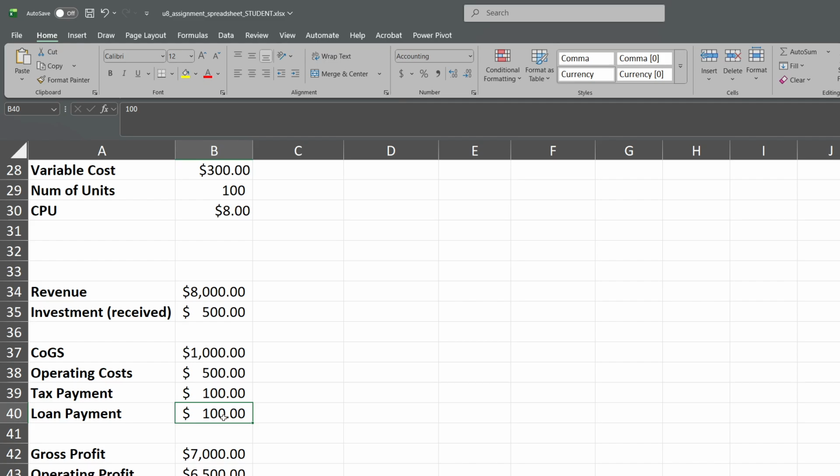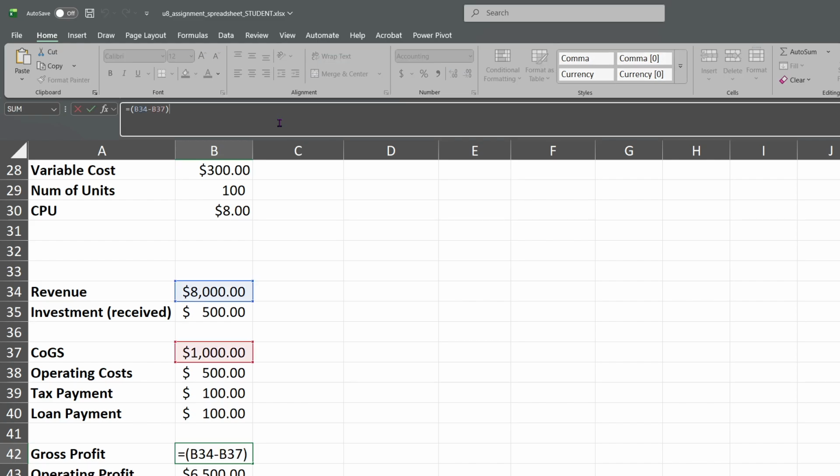When we talk about profit, when somebody says, I made a profit, well, was it a gross profit? Was it an operating profit? Or was it a net profit? If it was a gross profit, that is calculated as our revenue minus our cost of goods and services.